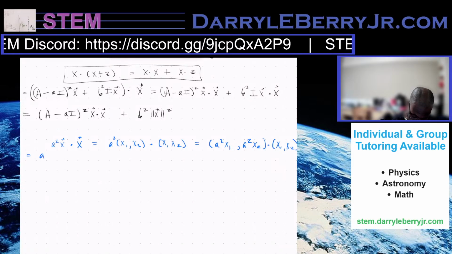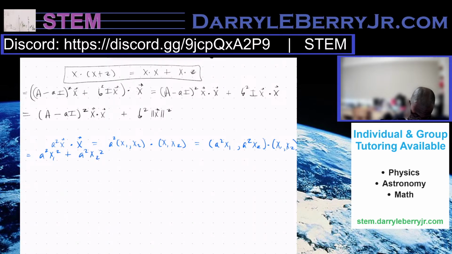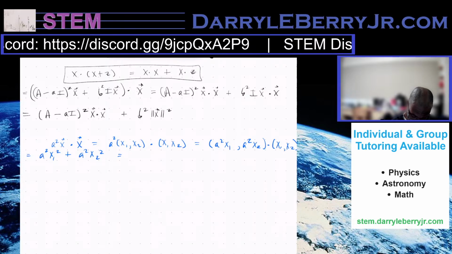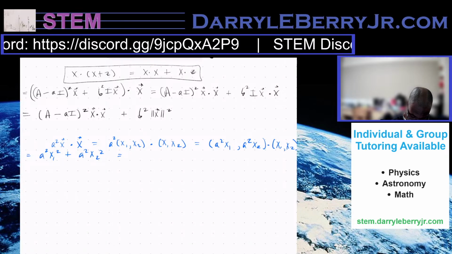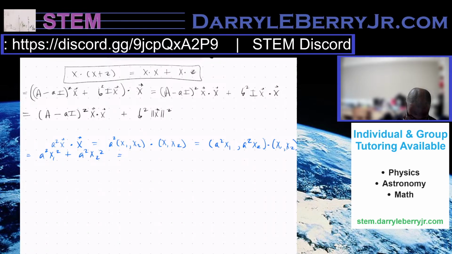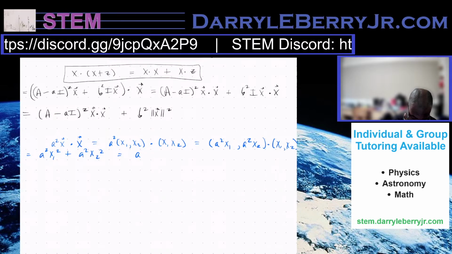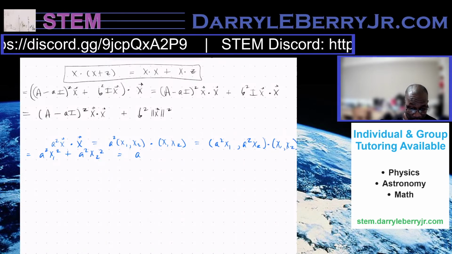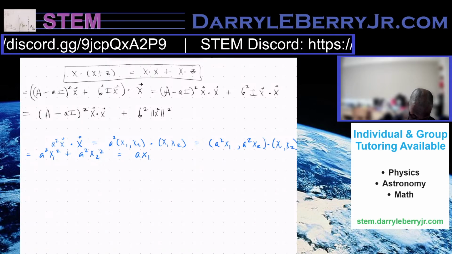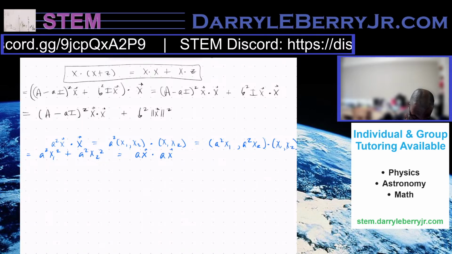So that's going to be a squared x1 squared plus a squared x2 squared. So that's the same thing as ax dot ax.